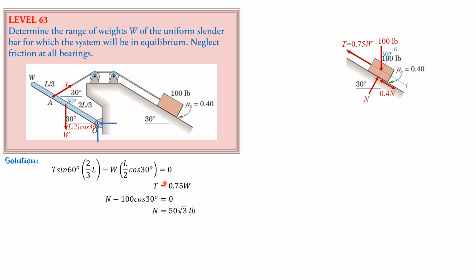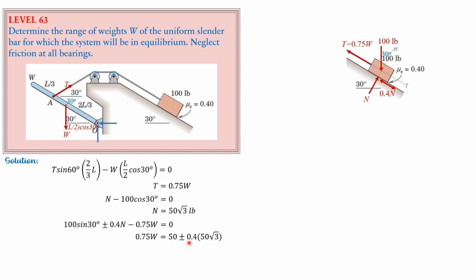Then summation of forces tangential for the range. So 100 sine of 30 degrees plus or minus 0.4 of normal minus 0.75 W or T equals 0. So that means 0.75 W is equal to 50 plus or minus 0.4 of N, and N is 50 square root of 3.